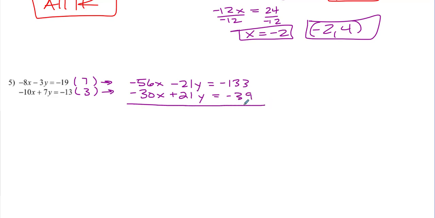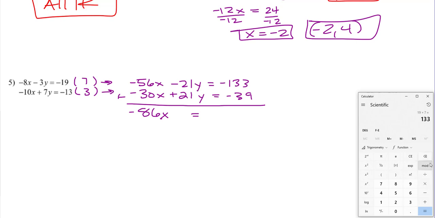Let's go ahead and add these up. Boom. Negative 56 plus negative 30 is negative 86. Negative 21 plus 21 is 0. And then negative 133 plus negative 39. Ugh. Man, these are some big numbers.